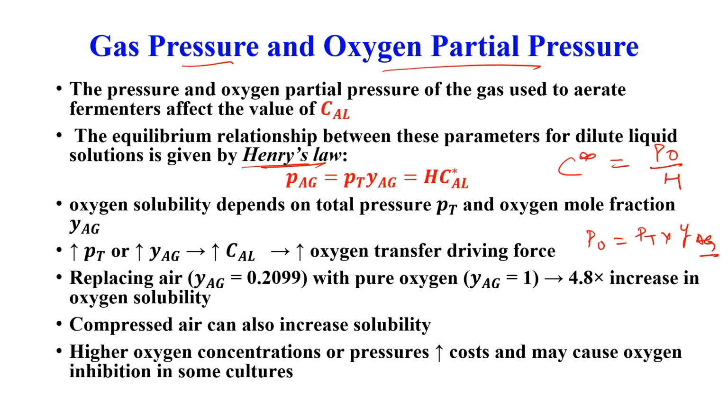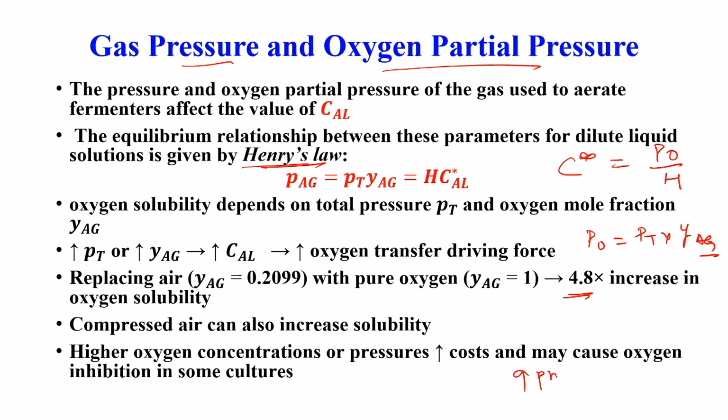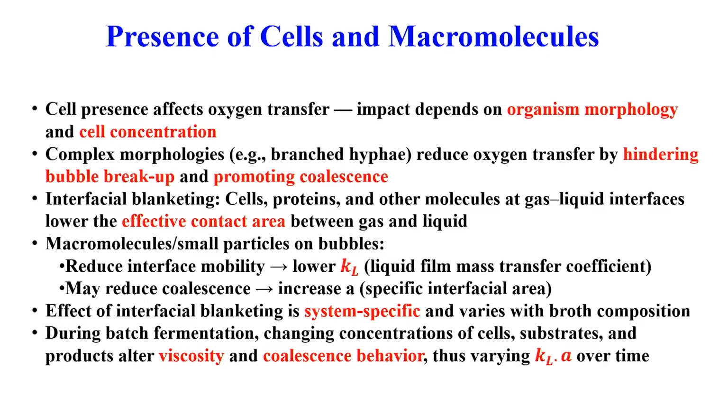And this we also discussed: if the solubility of oxygen from air is 9 ppm, then it will increase to 43 ppm if you are supplying pure oxygen. This is in the air and this is in the pure oxygen.